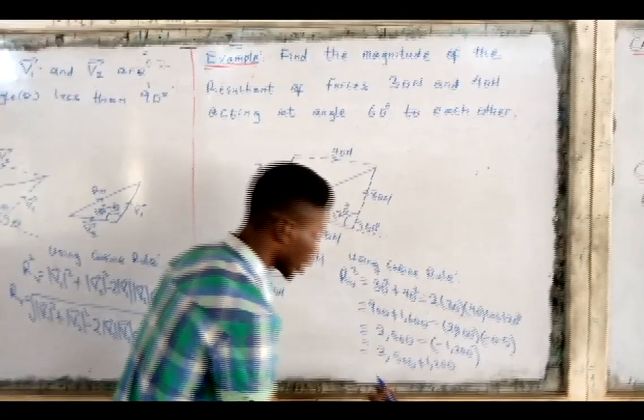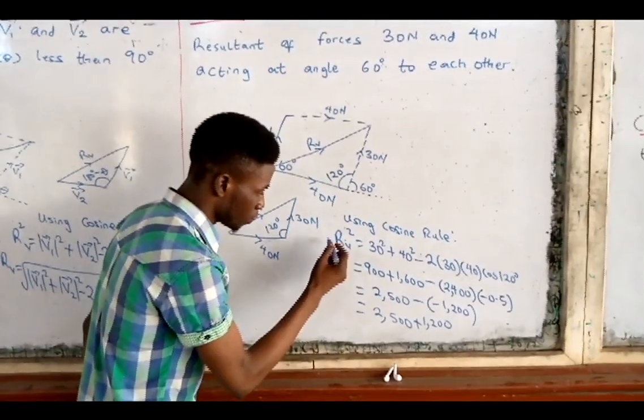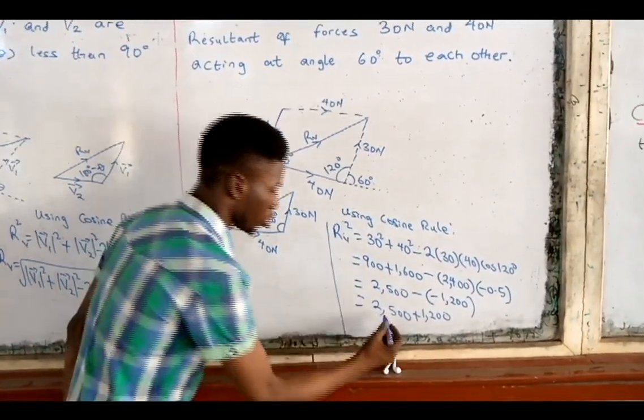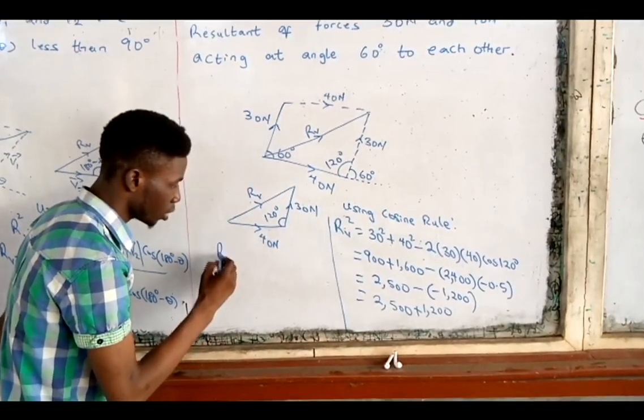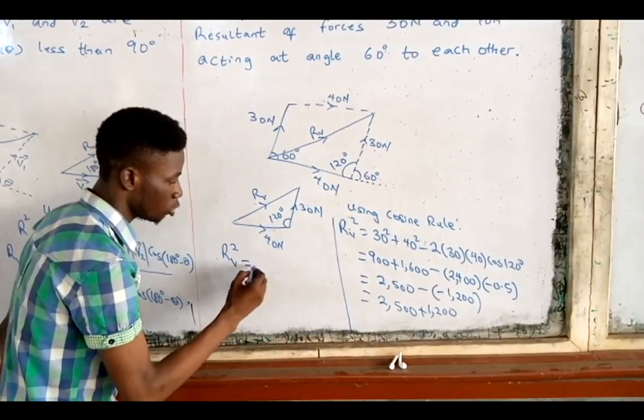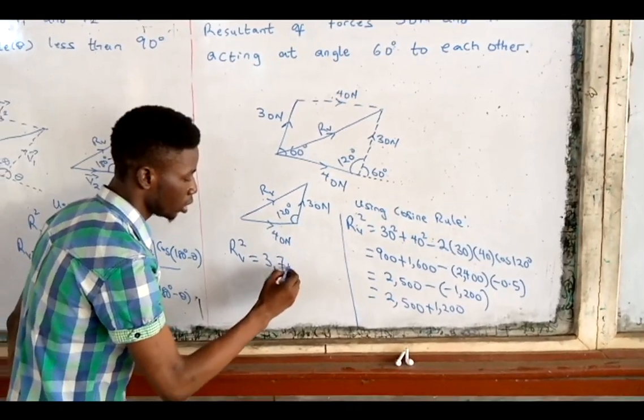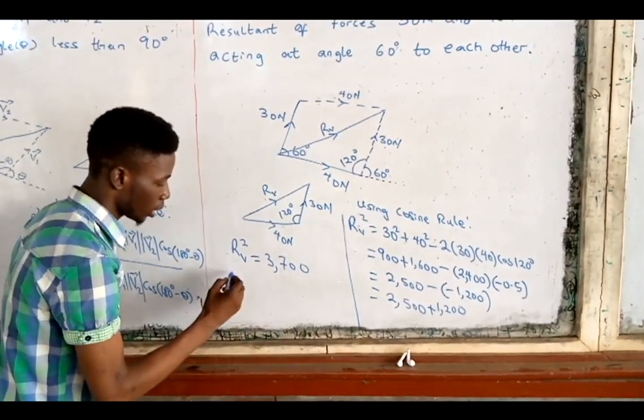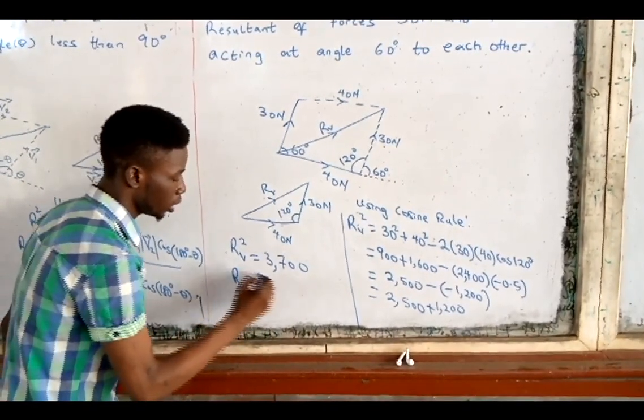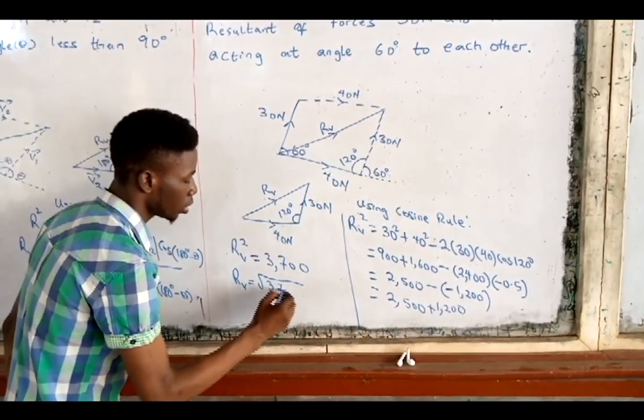Now permit me to move here. Continuing from here, we have RV squared will be 3700 and RV will be the square root of 3700.